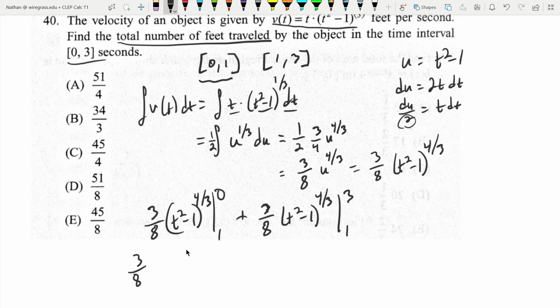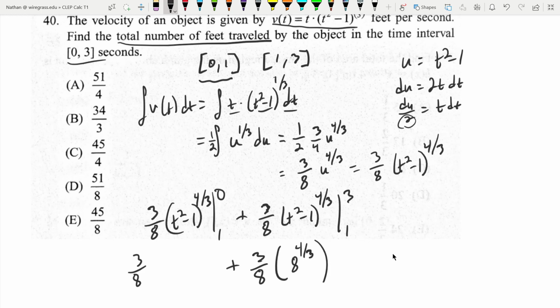So 3/8 comes from this portion. Then we get plus 3/8 times, plug 3 into there, 3 squared is 9, minus 1 is 8. So we get 8 to the 4/3. And then we plug 1 into there, you get 1 squared minus 1, which is just 0. So we just get 0 there.